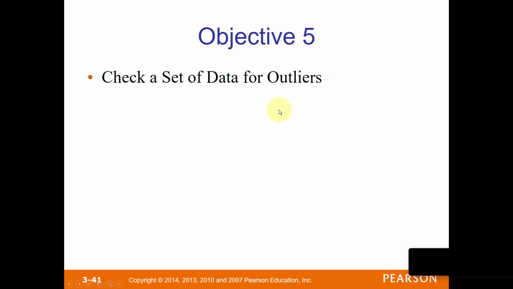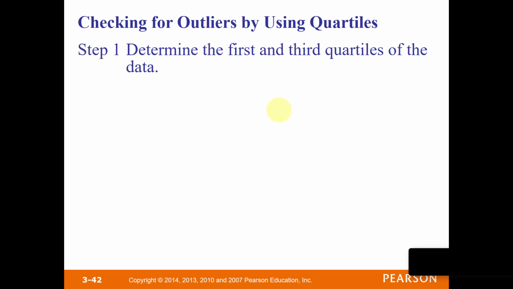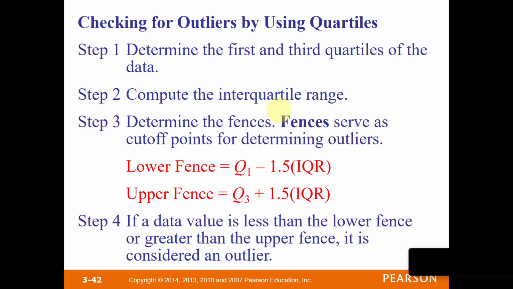So now our fifth objective is to check a set of data for outliers. Outliers are extreme scores. And in order to determine if something is an outlier, you have to compute something called fences. Now, you know what this symbol is here, right? It's the first quartile. And you know what this symbol is right here. It's the interquartile range.